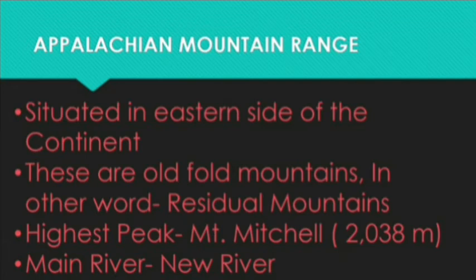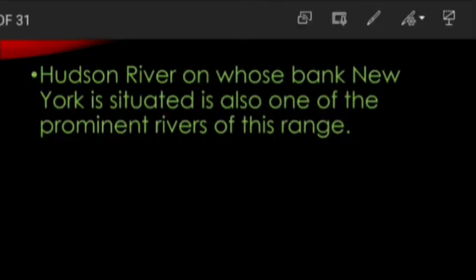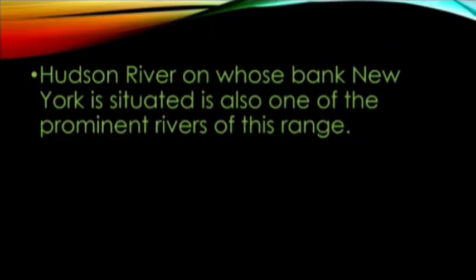You can understand its height just by knowing its highest peak, which is Mount Mitchell, and its height is only 2038 meters. Main river flowing in this mountain range area is New River, and there is one more river as well, which is Hudson River, on whose bank New York City is situated. And River is also one of the prominent rivers of this range.